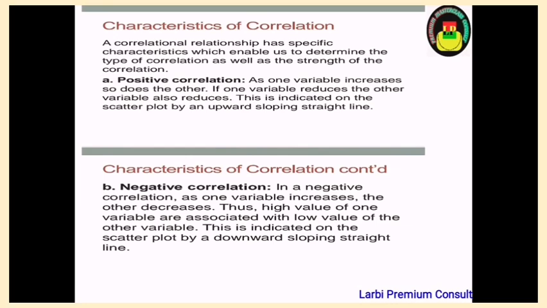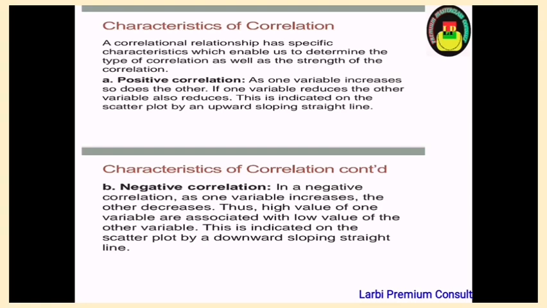Having said that correlation is a statistical method used to determine a pattern of linear relationship between variables, we should be able to know certain features that, once we see them between two variables, we can determine that there is a correlation between these two variables. That's why we're going to look out for a feature, something that tells us that these two variables are correlated. So based on their character, we can know that these two variables are correlated. That's what we're going to look at in this video.